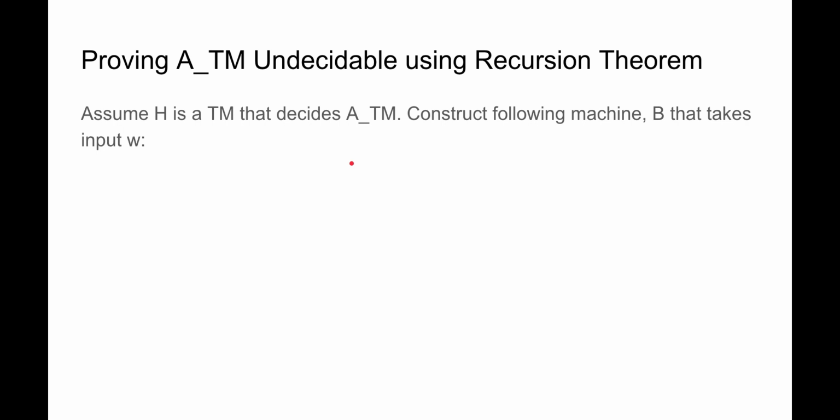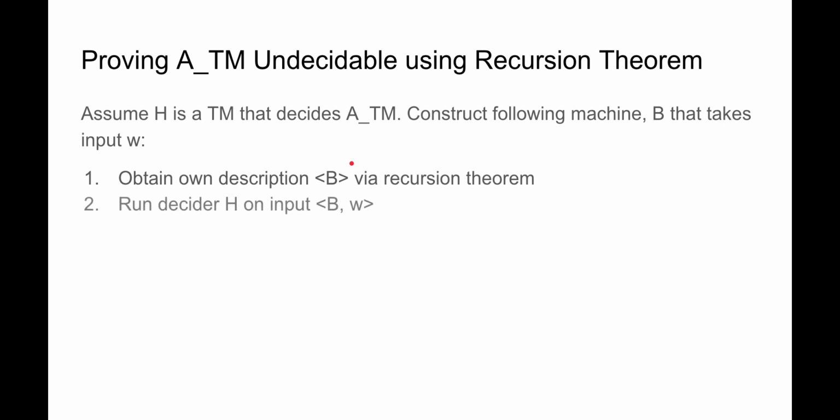Now we'll construct a Turing machine B that takes in an input string W. So B will start off using the recursion theorem to get a hold of its own description. And then we're going to run the decider H on the input with the encoding of B as well as the input string W. So we're using the decider to predict what B is going to do on input W.